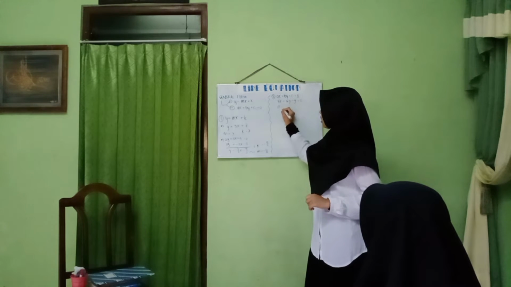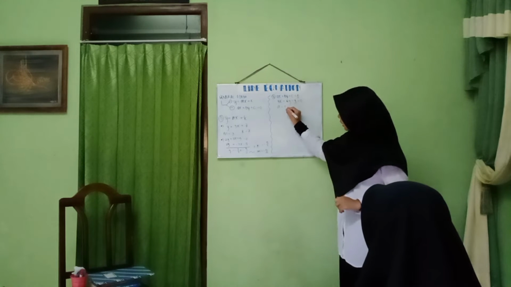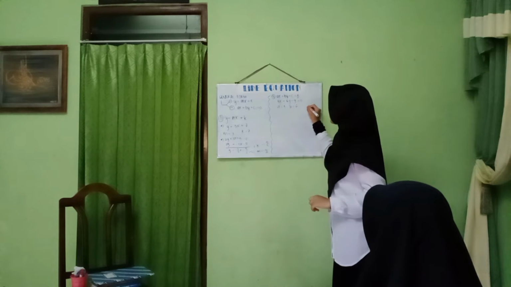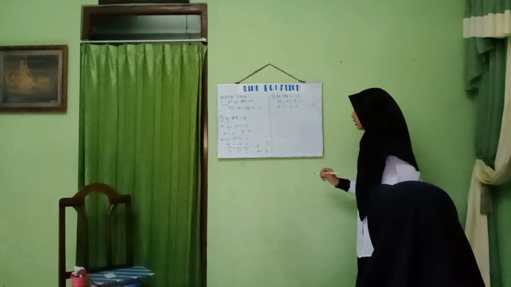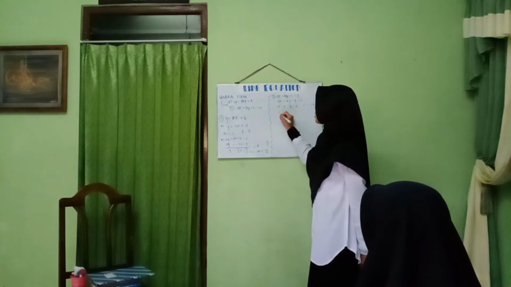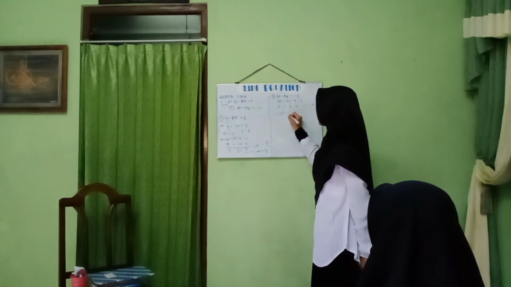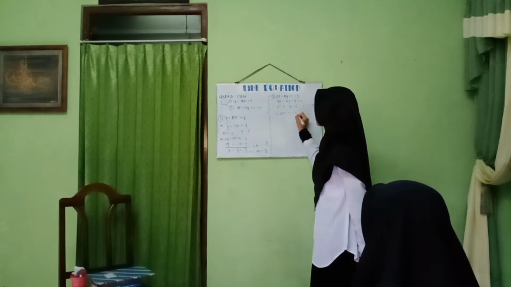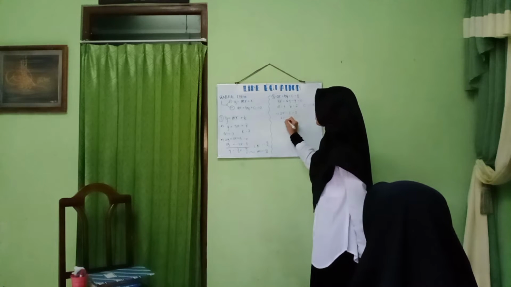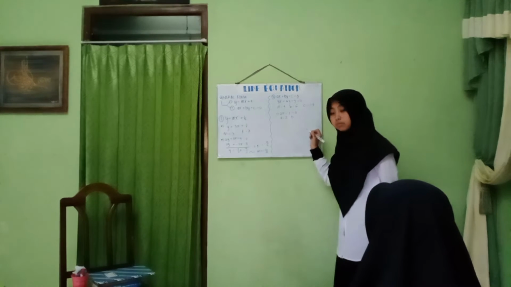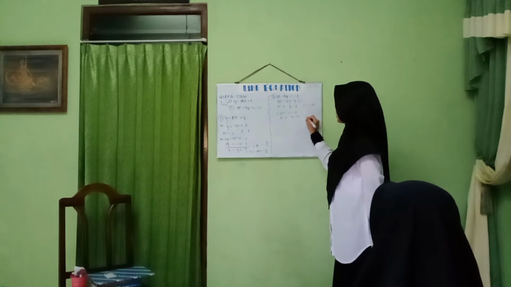What is the a of this? 3. And b? 6. And c? Minus 9. But how about this? If we have 2x minus 3 is equal to 0. What is the a? 2. And b? 0. And c? Minus 3.